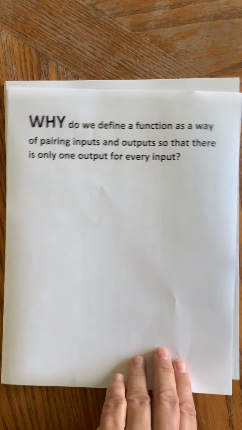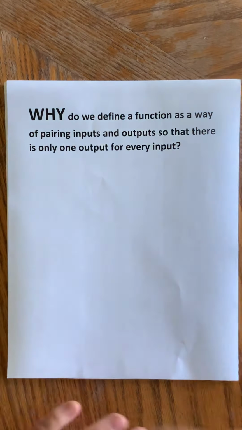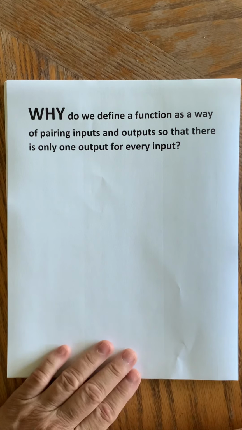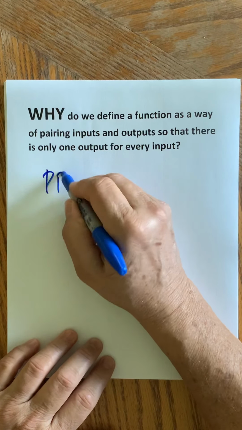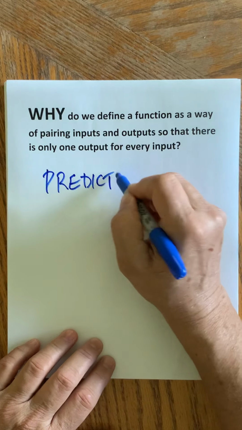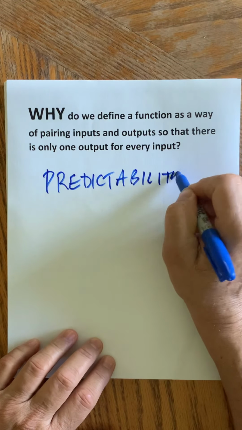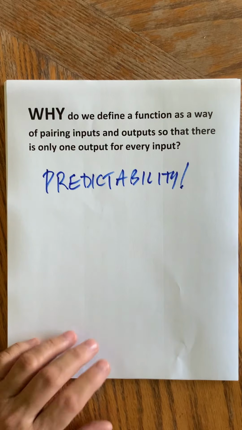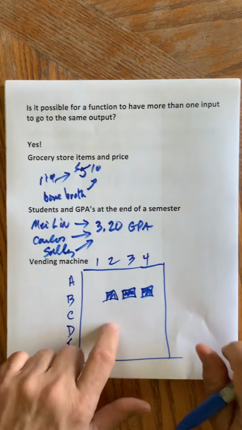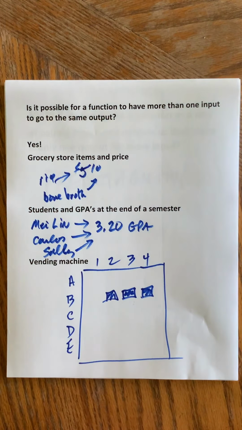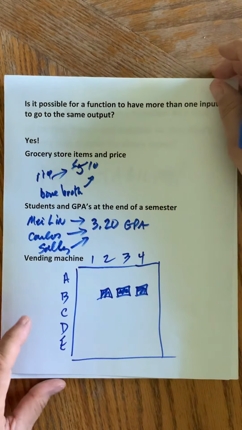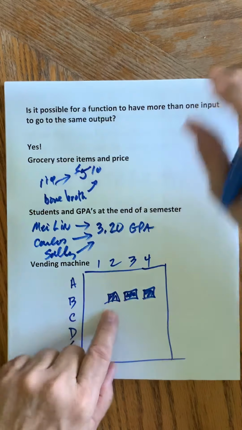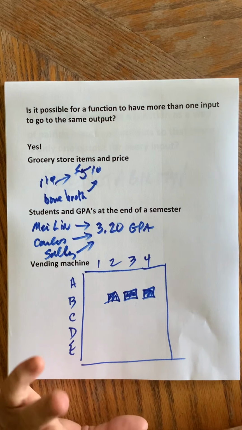Now, why do we define a function as a way of pairing inputs and outputs so that there's only one output for every input? Why do we do that? It's because of predictability. So let's take a look at even the vending machine example. You would probably not continue to purchase from that vending machine if you put in B2 and you can see with your eyeballs that there's the Snickers bar, but something else comes out, like Lifesavers.